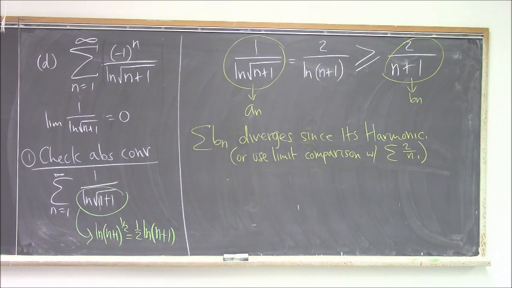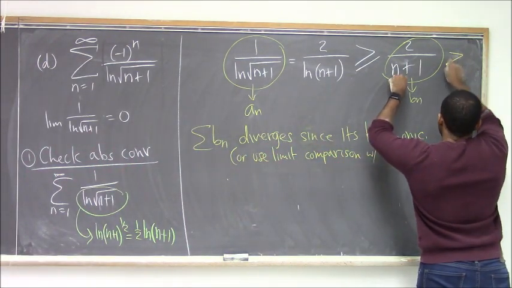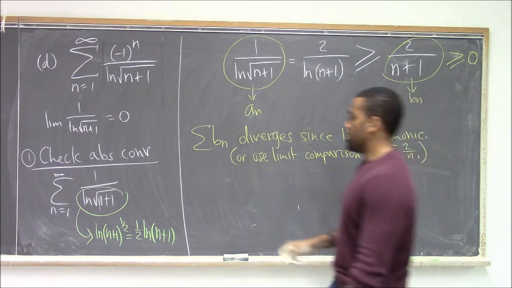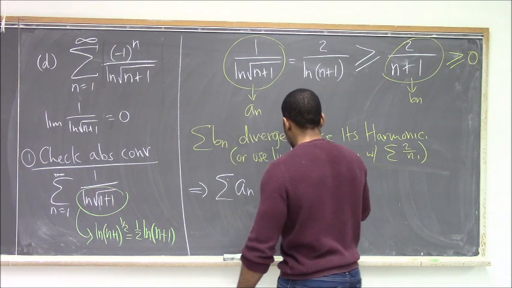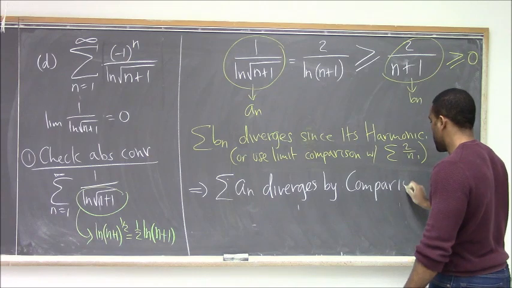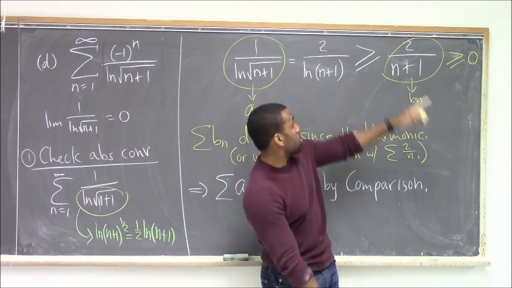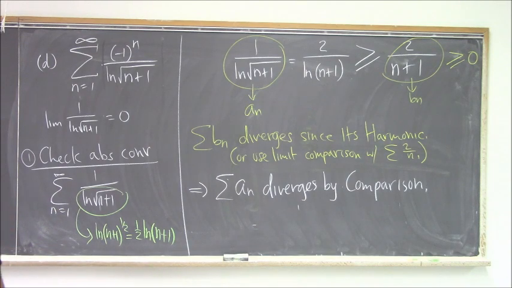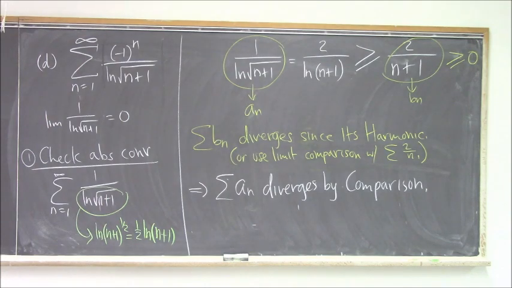Now, also what you'll notice is that for n larger than 1, this is definitely greater than or equal to 0. And so what that tells you is that the series of an diverges by comparison. So I can compare this series to the series of 2 over n plus 1, and I can determine that this series diverges. So I guess the answer for D is the series diverges.